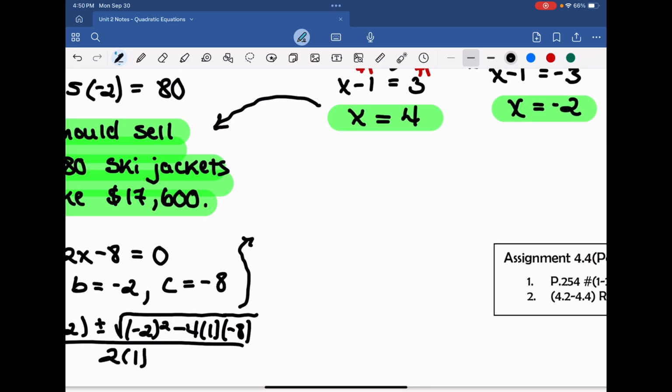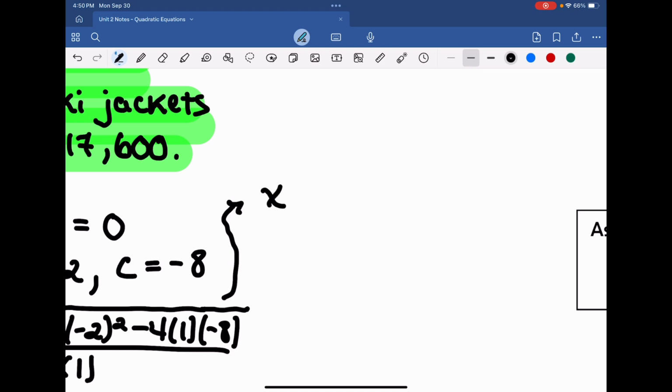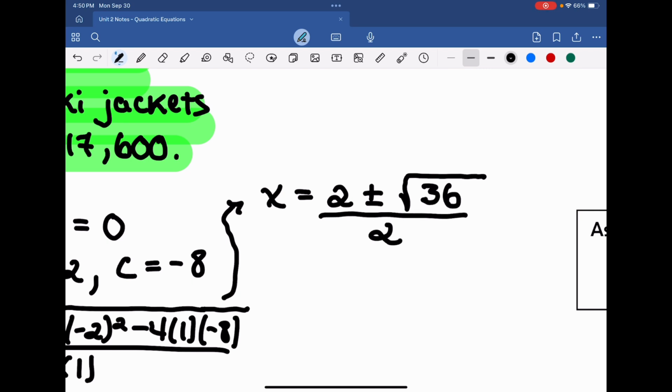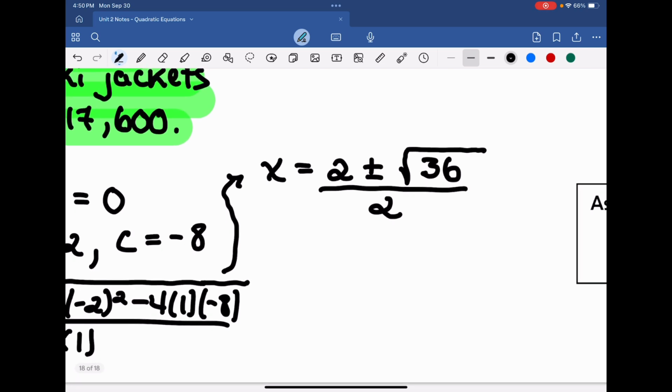So I'm going to continue this as x is equal to positive 2 plus or minus the square root of. The inside of the root is going to give me 4 plus 32, which is the square root of 36, all divided by 2 times 1, which is just 2 in the denominator. This gives me x is equal to 2 plus or minus the square root of 36, which is 6, divided by 2.